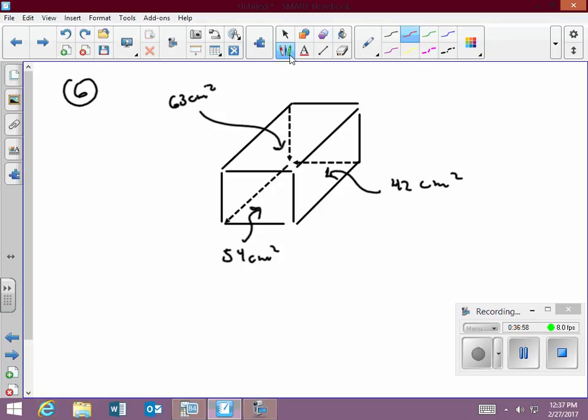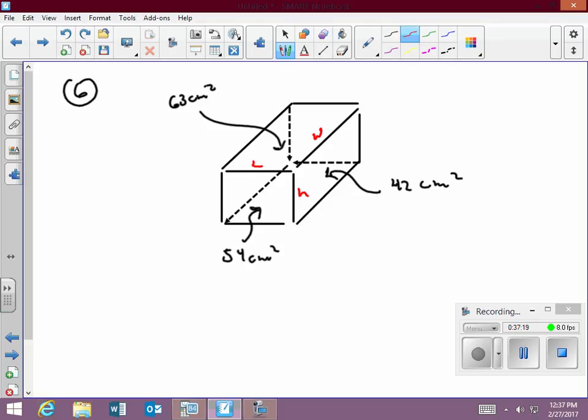No. This would be length, because that area 54 is bigger than 42. This would be width, and this would be height. I mean, 54 centimeters and 42, those two should be switched. Right.